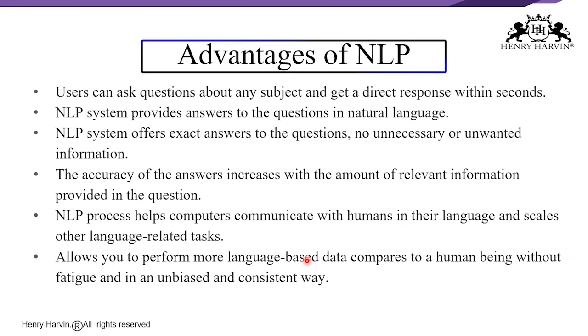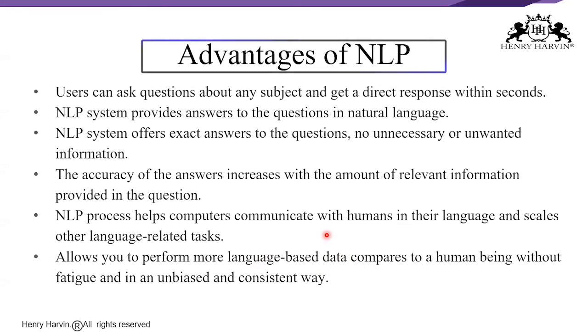The accuracy of the answers increases with the amount of relevant information provided in the question. The NLP process helps computers communicate with humans in their language and scales other language related tasks. It also allows us to process more language based data compared to a human being, without fatigue and in an unbiased and consistent way.